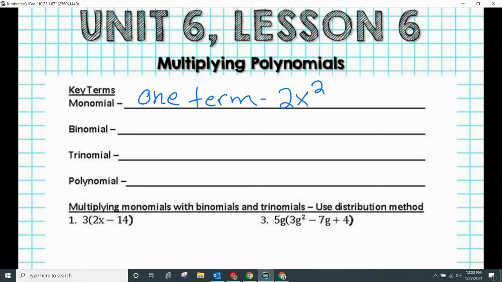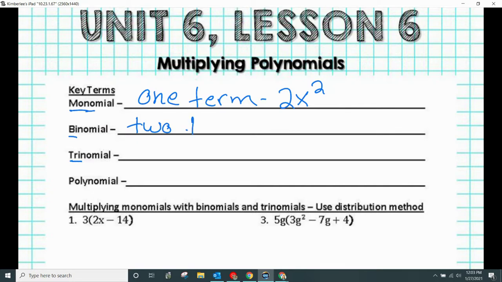Now a binomial, and hopefully you're thinking of mono and bi and tri. These are actually prefixes, and you use these in biology, and if you take chemistry, you'll use these a lot. So bi, think of bicycle. It means something with two wheels. So that's going to be two terms.